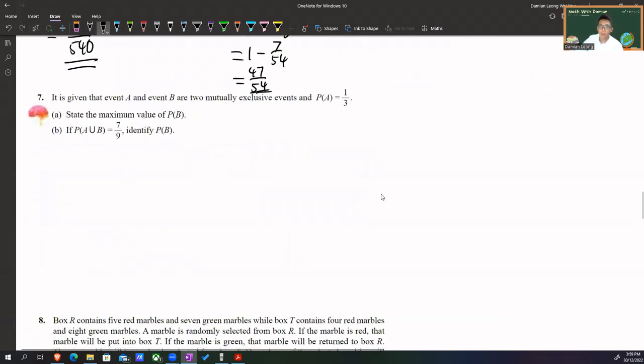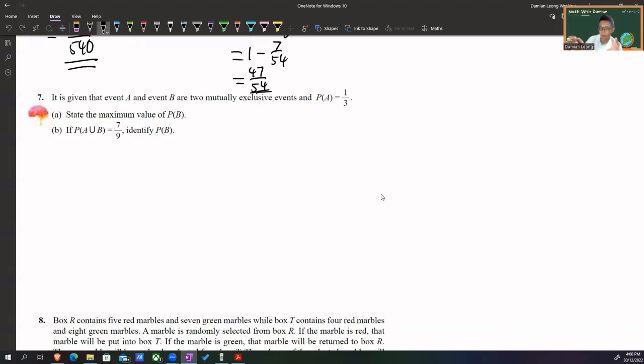Now question 7. It is given that events A and B are 2 mutually exclusive events. Mutually exclusive events means there are no common outcomes at all in event A and event B. So when there are no common outcomes, probability of event A times probability of event B is the same as probability of event A and event B happening.